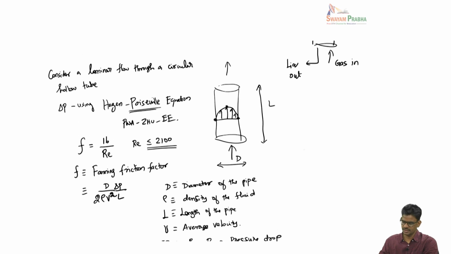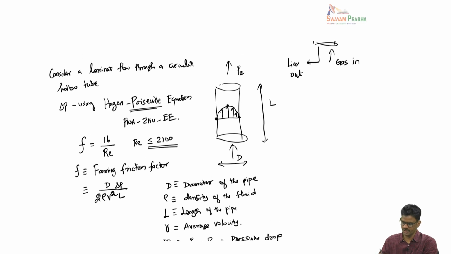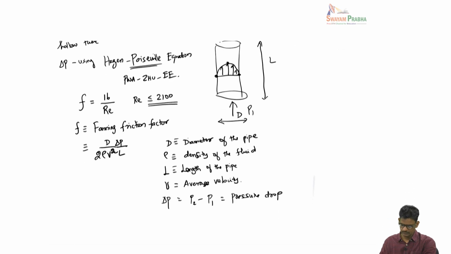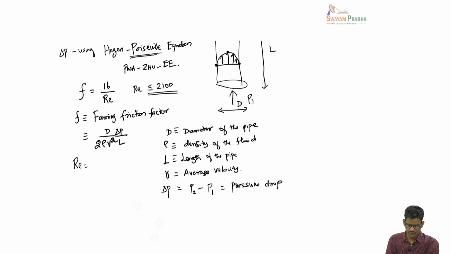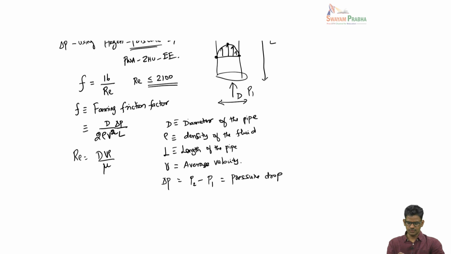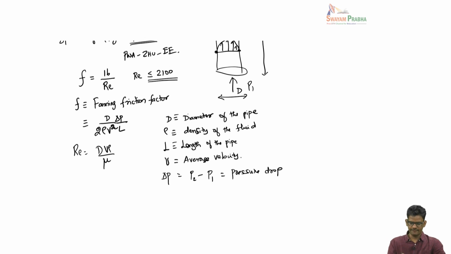So P2 is the pressure at the outgoing fluid and P1 is the pressure at the incoming fluid. So that is the difference we are talking about. And Re here is the Reynolds number defined based on the fluid properties. Now we can substitute this for f and Reynolds number.